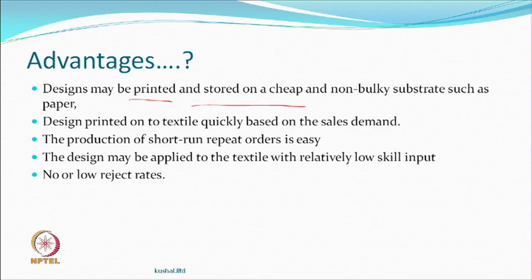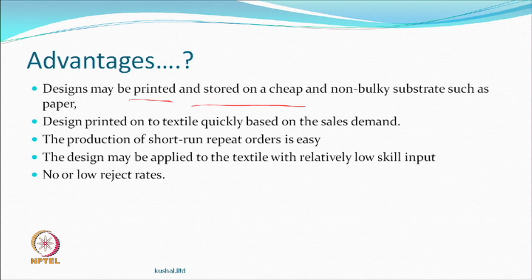So, anything that requires low skill means the errors are very few, otherwise you require highly skilled people. No reject rates, or maybe low reject rates, is the right way to put it, because even with little skill you can have a fabric fed into the machine in open width, and the paper is always open width, they go together, they do not slip.